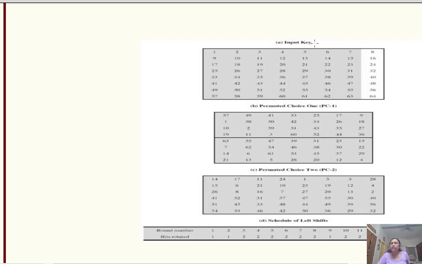It is 56 bits: 1, 2, 3, 4, 5, 6, 7, then 1, 2, 3, 4, 5, 6, 7, 8. This column is just the checksum, the parity; it checks the parity. So this is your input key.